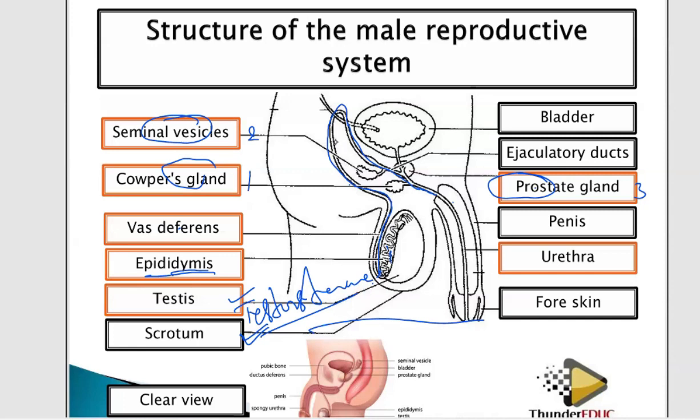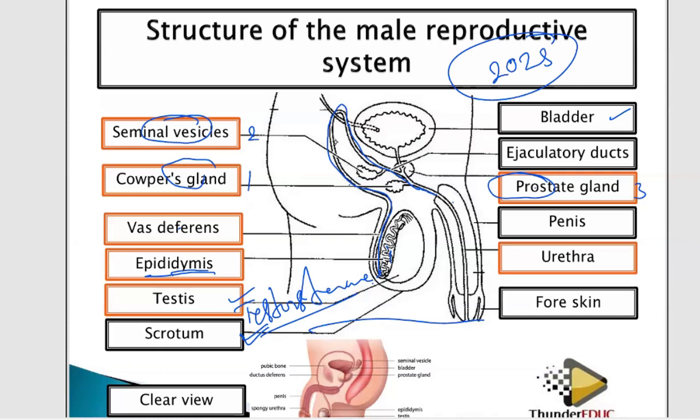Now you just mention those functions, but you are not specific to prostate, Cowper's, or seminal vesicle. We just mention them in general. Those are the new changes for 2025.